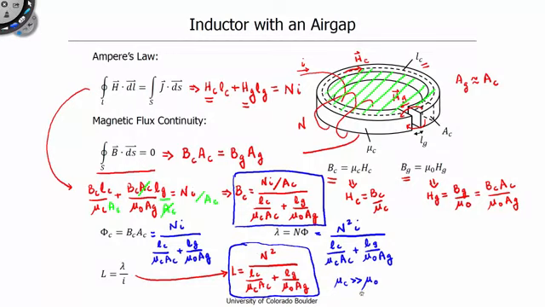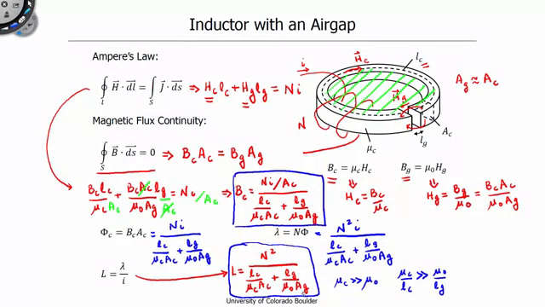So if I design my LG and LC to be within, say, an order of magnitude of each other, then I will still have that mu C over LC is much greater than mu naught over LG. In that case, the term LC over mu C AC will be much smaller than the term LG over mu naught AG, and hence I can ignore the first term altogether.